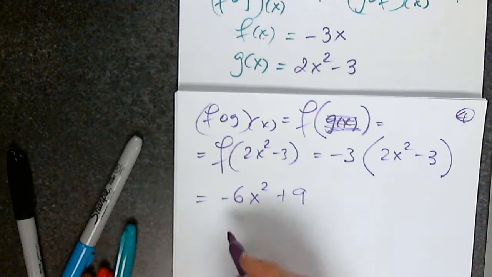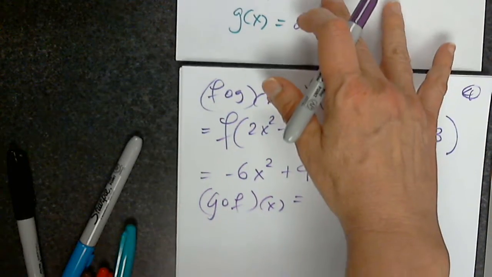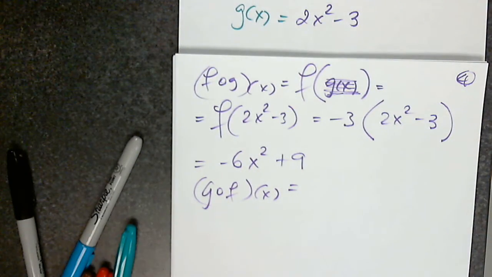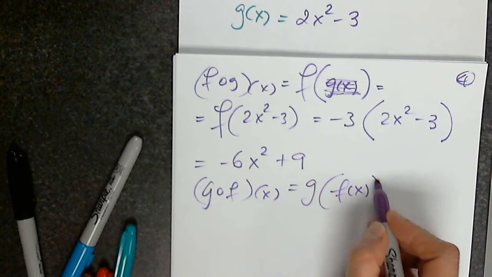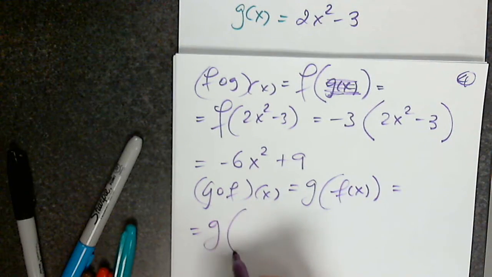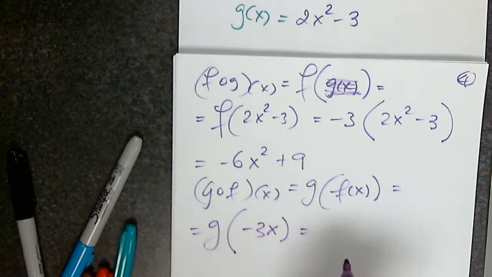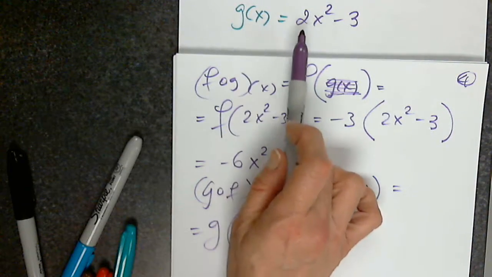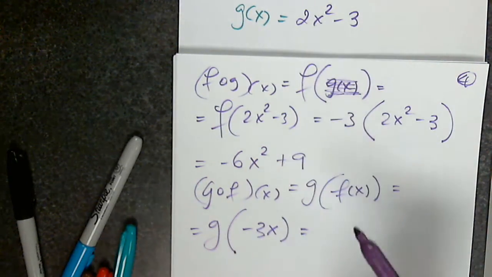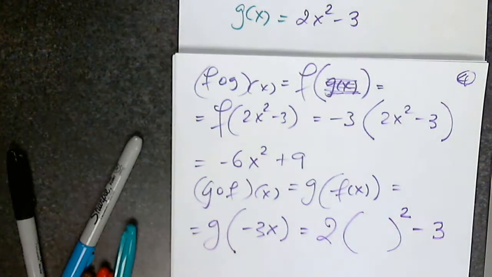Now the other one, g comp f, what is the definition? G of f of x, which is g of f of x. Good. Now I look at g. G says g of blah equals 2 blah squared minus 3.